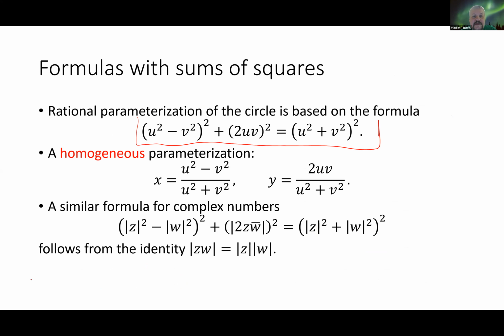However, the formula is essentially the same. The only difference is that this is a homogeneous form. Both variables, u and v, enter in the fourth degree. So if you divide both sides by u to the fourth, then you get the same expression with t back, where t will be just the ratio of v and u.